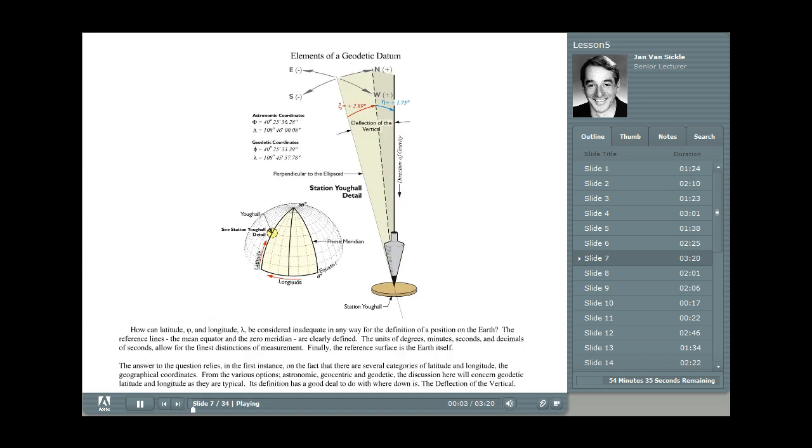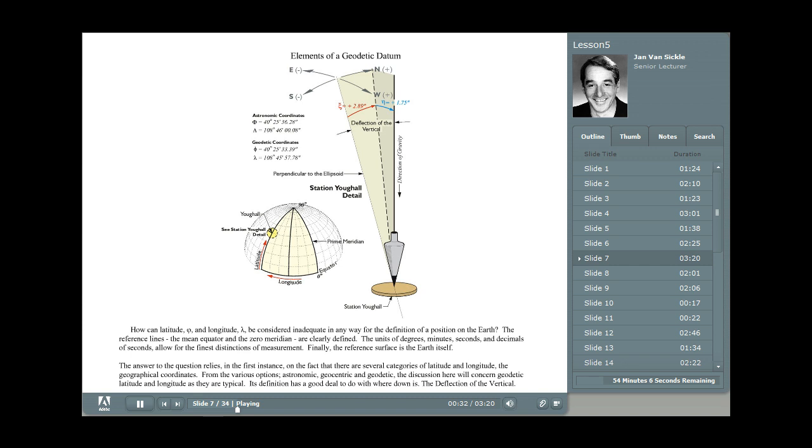And to begin that discussion of geodetic datums, we'll talk about the idea of down, the deflection of the vertical. But one of the things I want to point out about this slide is to notice the astronomic coordinates of a station. This is an actual station called Youghal in North America.